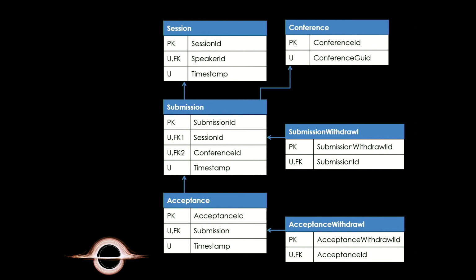session. So by doing these queries for acceptances with no withdrawal, acceptances that have submission withdrawals, submissions with no acceptances, that gives me, in that case, all the submissions that haven't been withdrawn and haven't been accepted. Now I've got a queue of submissions that I need to review. So those queries give me the queues.